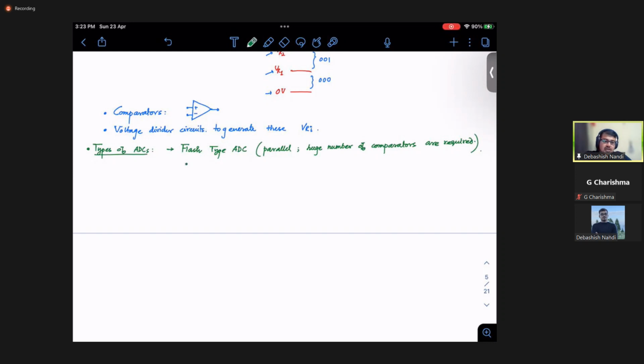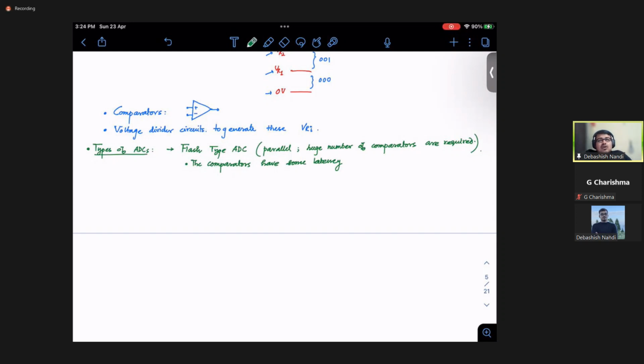And also a very crucial point is that the comparators have some latency, or basically it creates some delay. So when the input changes, the output may not get converted, as the comparator may not give the output by that time.